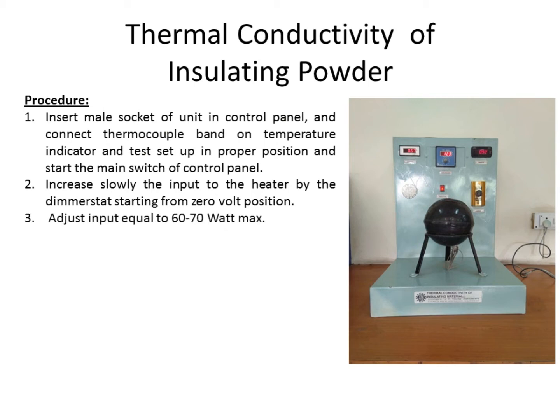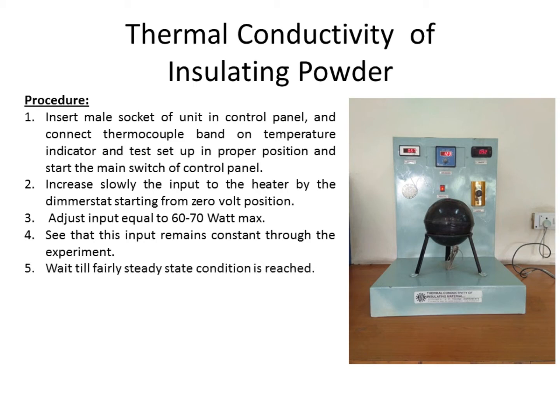Adjust input equal to 60 to 70 watt maximum. See that this input remains constant throughout the experiment. Wait till a fairly steady state condition is reached and note down the readings.